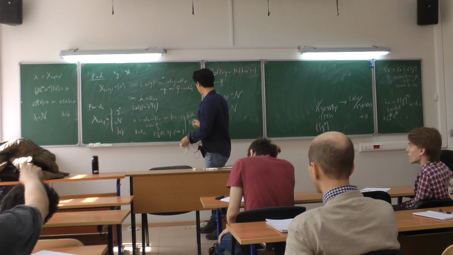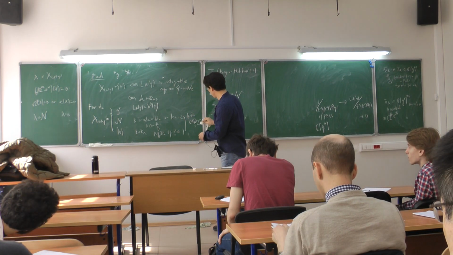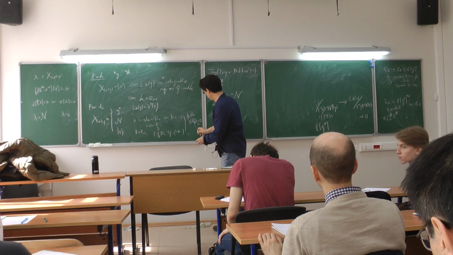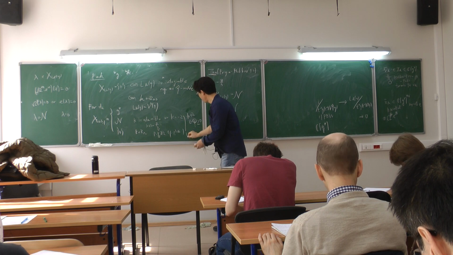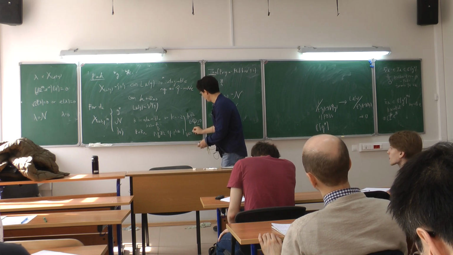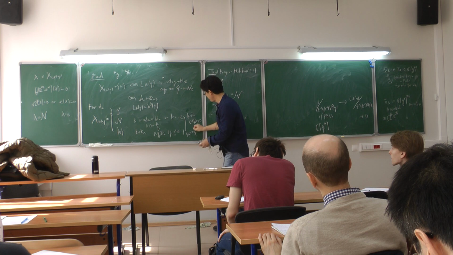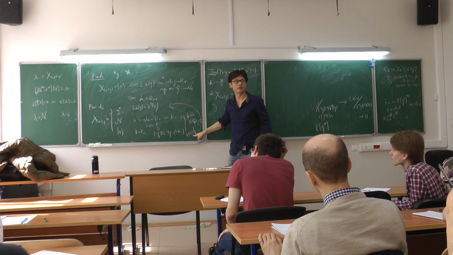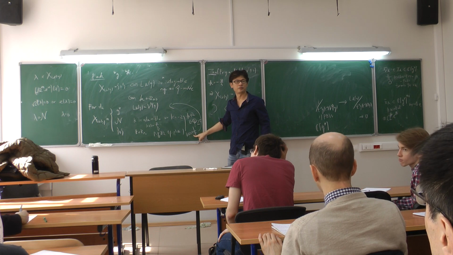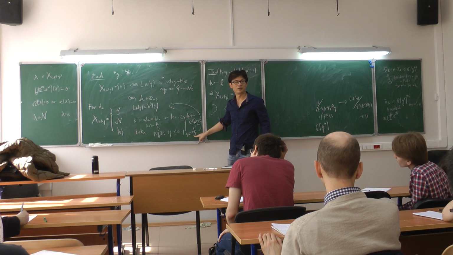So I stated the wrong statement. How do I say? If k plus 2 is of this form, this is this case. I have to exclude this case: the inverse of an integer.